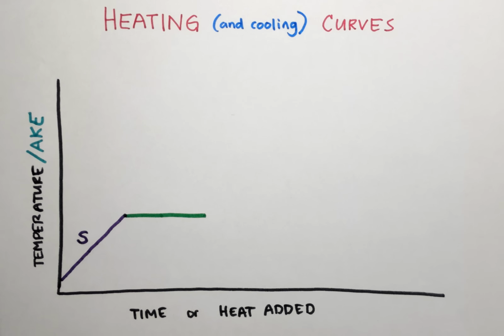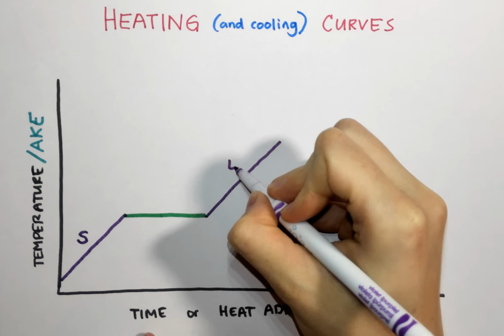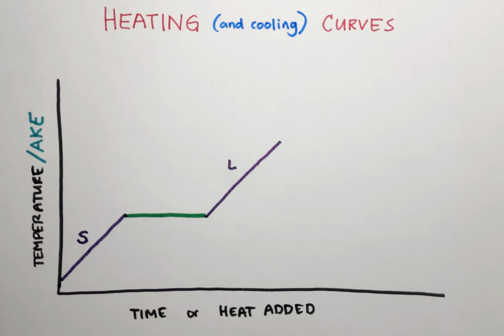If you want to get an ice cube to fully melt, you have to keep adding heat, whether it's from just the outside environment or from your hand. That's what this flat line is representing, that we're changing from solid into a new state of matter, let's say liquid.